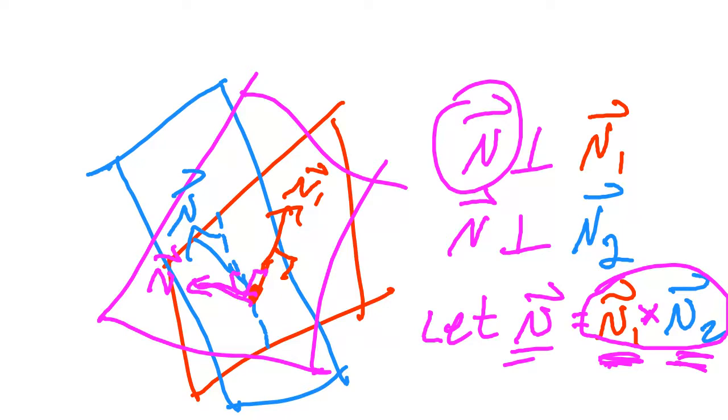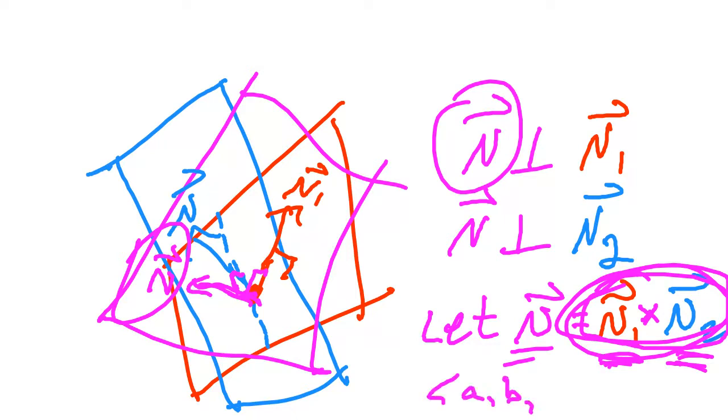So it's kind of coming out of the board at you. All right, so I can let the N vector be this cross product of these other two. That's going to give me a perpendicular one. And then if that's <A, B, C>, I can set it equal to what this vector is and plug that into my equation and use that point of intersection. Okay, so hopefully that makes sense. Much easier way to do that.